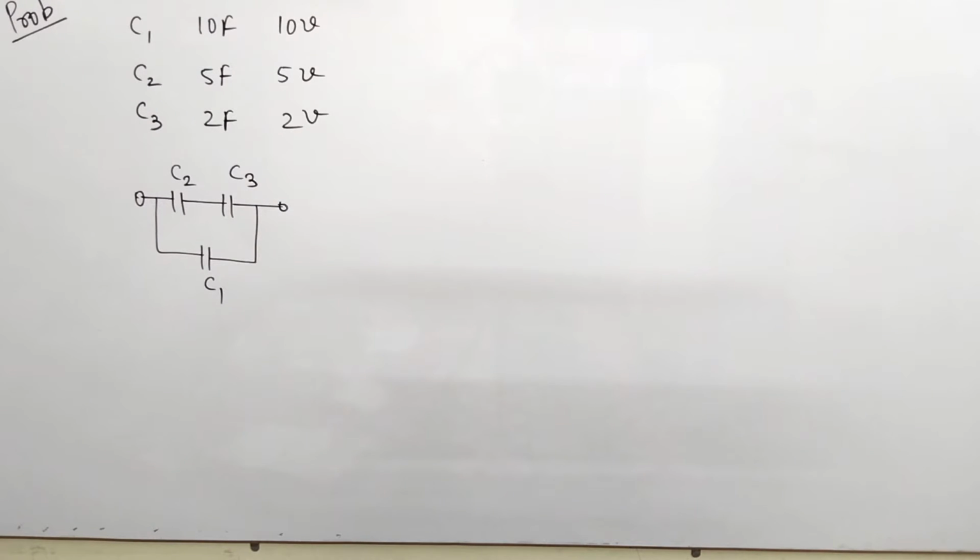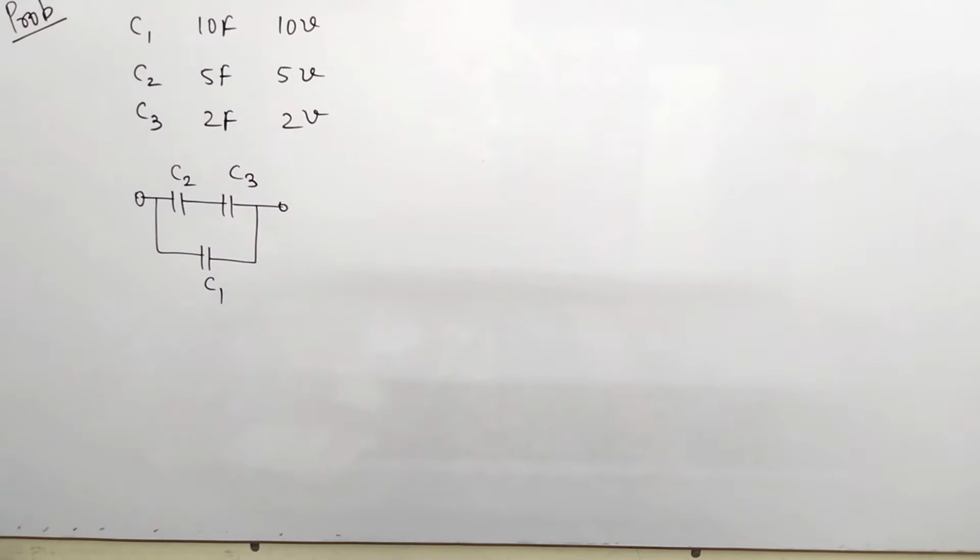For the interconnection shown below, what is the maximum safe voltage in volts that can be applied across these two terminals, or you can say this combination? You have to find the maximum voltage which can be applied across these two terminals, and the total charge in microcoulomb.